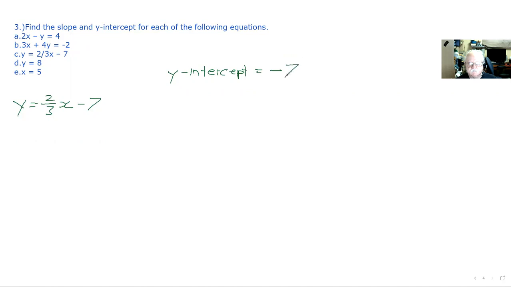The intercept equals negative 7. And the slope equals 2/3. That's all we have to do because it's already in the slope-intercept form. Let's try the next one.